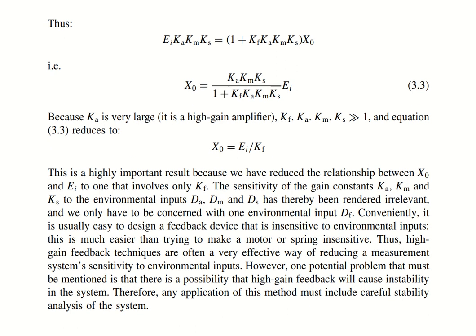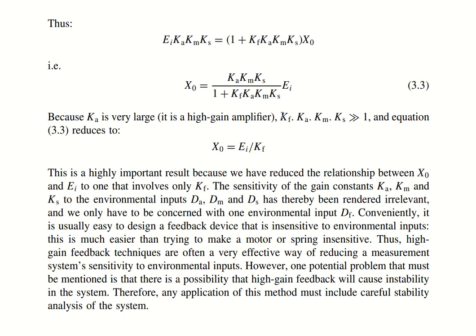This is a highly important result because we have reduced the relationship between x0 and ei to one that involves only Kf. So the sensitivity of the gain constants K, Km and Ks to the environmental inputs dA, dm and ds has therefore been rendered irrelevant, and we only have to concern ourselves with one environmental input, which is dF, right?